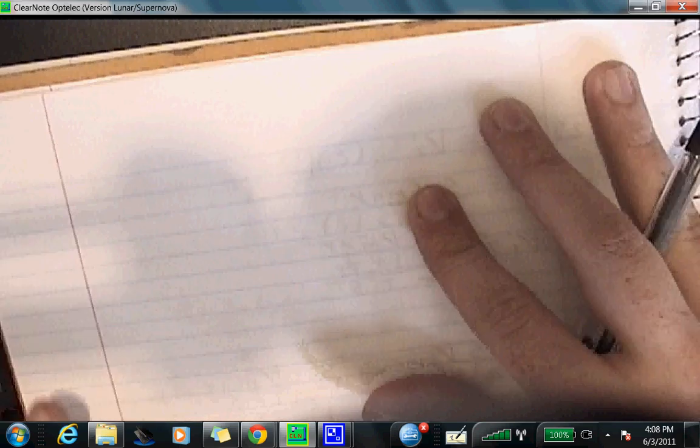The first thing to do, most importantly, is to write down your velocity equation.